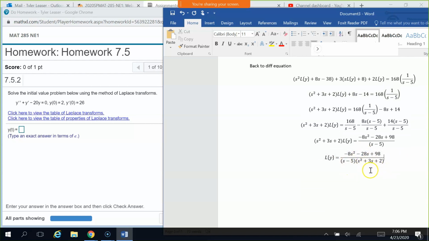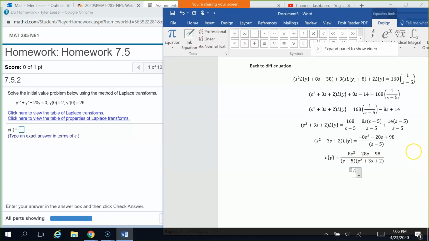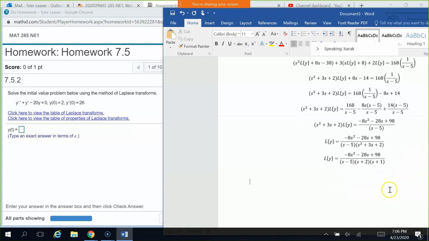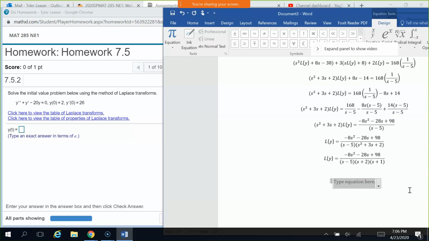I know it's partial fraction stuff, I can already tell, because you can factor that s squared plus 3s into s plus 2 and s plus 1. So then the partial fraction decomposition where every single one of these would get a constant up top. And then you'd have to figure out what those 3 constants are. I guess we could use that Symbolab and see if we can do it real quick.